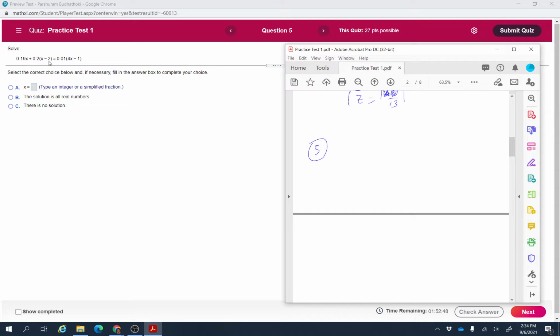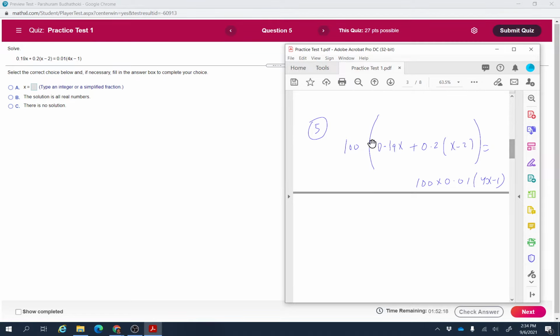So maximum after decimal is 2. That's the reason you have to multiply by 100. You do that, 100 times 0.19x plus 0.10x minus on the left side, 100 times 0.4x minus.